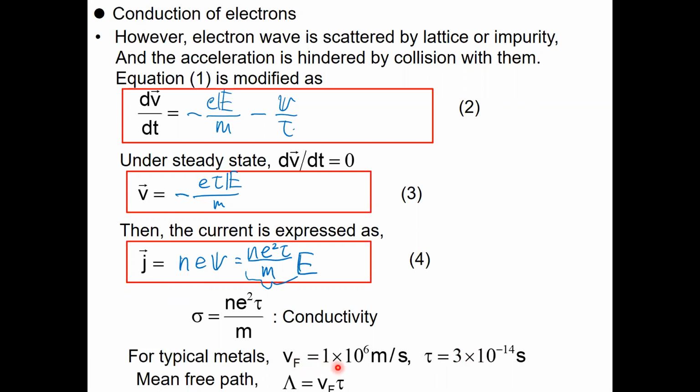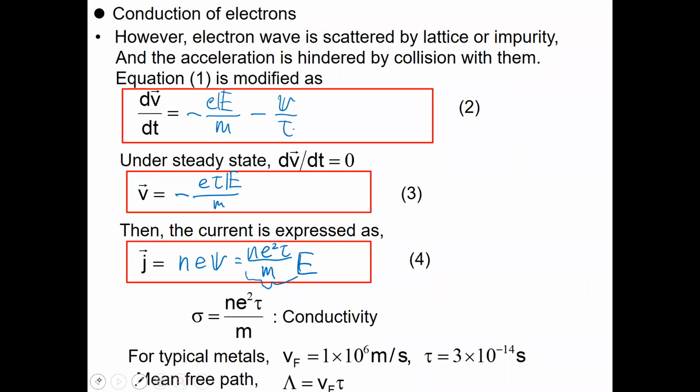For typical metals, the VF, which is called the Fermi velocity, is 10 to the 6 meters per second, and the mean scattering time is 3 times 10 to the minus 14 seconds, meaning 30 femtoseconds. And at each scattering, how far the electron can propagate you can calculate by just the product of VF and tau. And it's on the order of tens of nanometers in the general case.